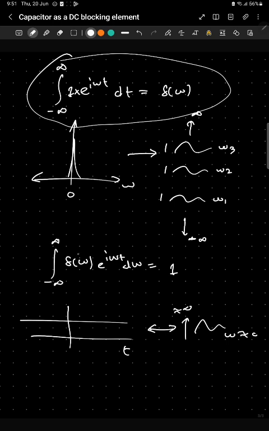That's what is implied by the Dirac delta. So with a constant function, the frequency associated is 0. The frequency of a constant wave is 0.